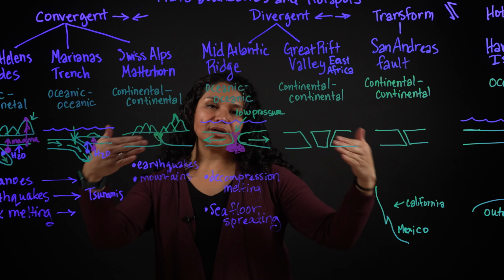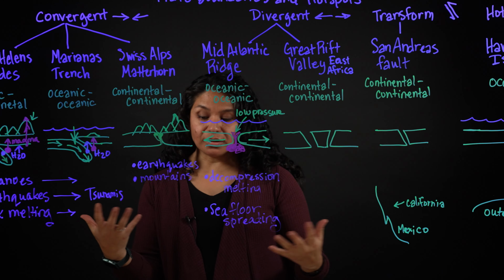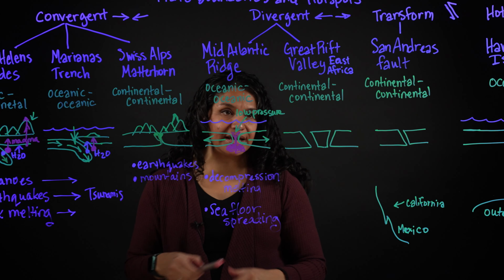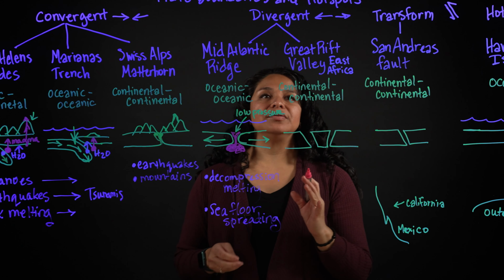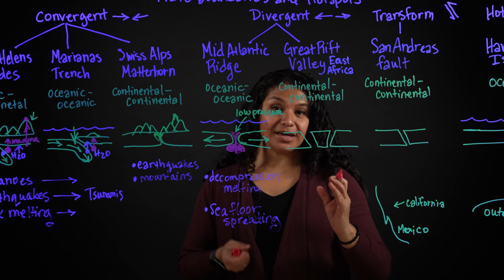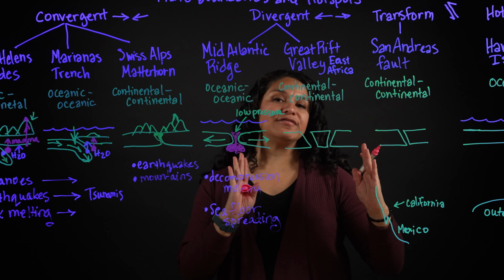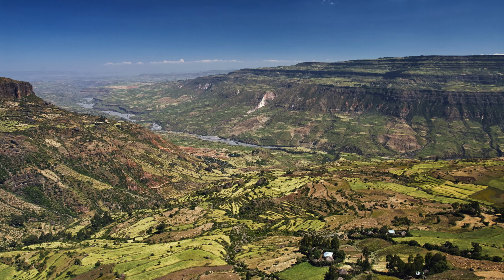So these are plates that are being pulled due to the force of gravity. The convection current also is acting on it as well, which I'll explain here with our example in the Great Rift Valley in East Africa. And this is where the Horn of Africa is eventually moving away from the continent. Eventually it's going to just break off and be its own thing.